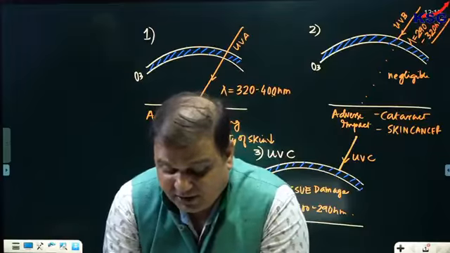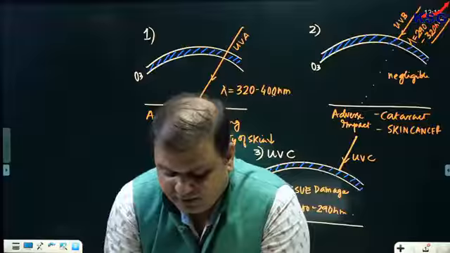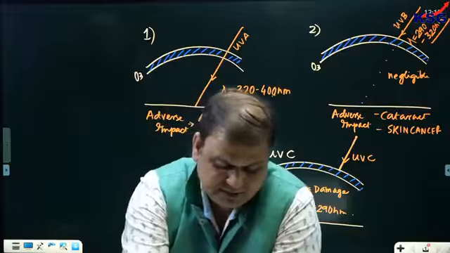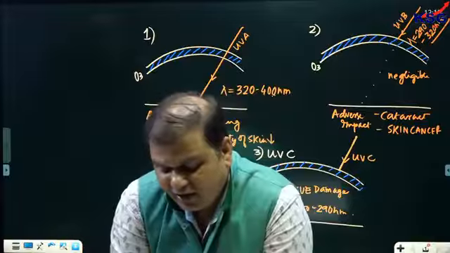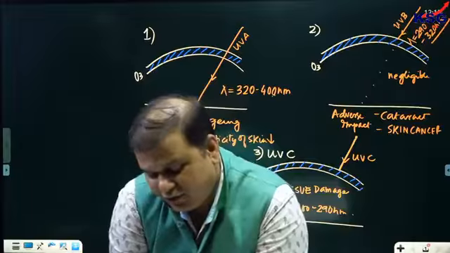Filtering means obstructing in this case. As it is responsible for filtering the harmful UV radiation.